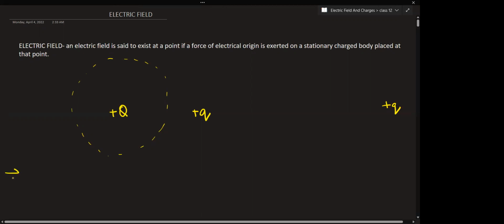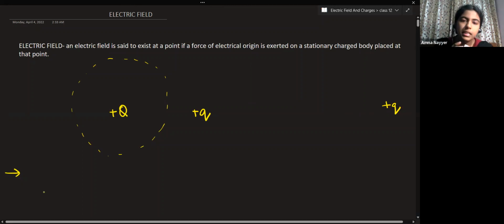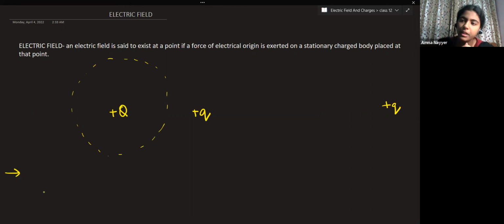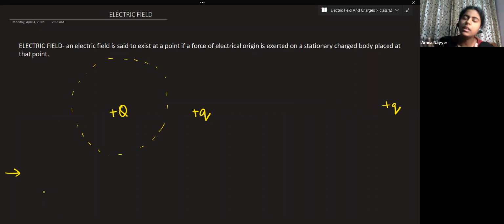Ma'am, could you explain this again? All right, see, there is this positive charge plus q, having certain electrical properties. It will exert repulsion or attraction forces. Whenever you bring a negative charge towards this positive charge, they will attract each other.